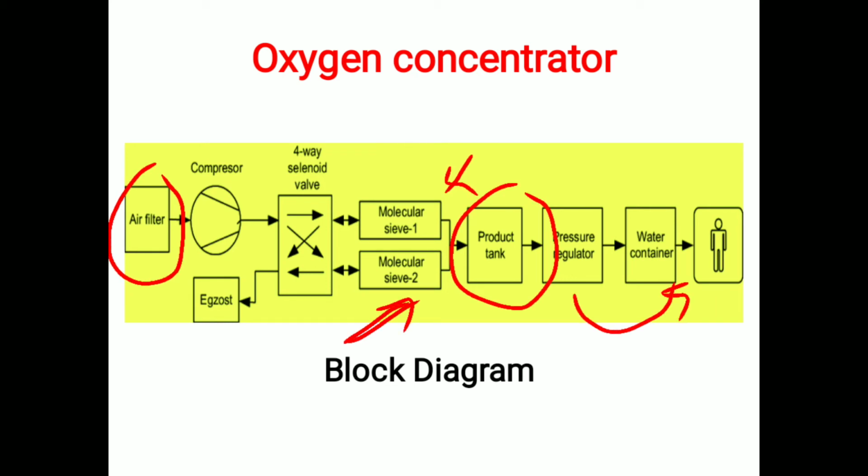This contains water, and inside this water we are bubbling the oxygen, and after passing oxygen through this water, our oxygen gets wet. It absorbs some moisture from the water, and then it is supplied to the patient. Okay, so this is how oxygen concentrator is working.